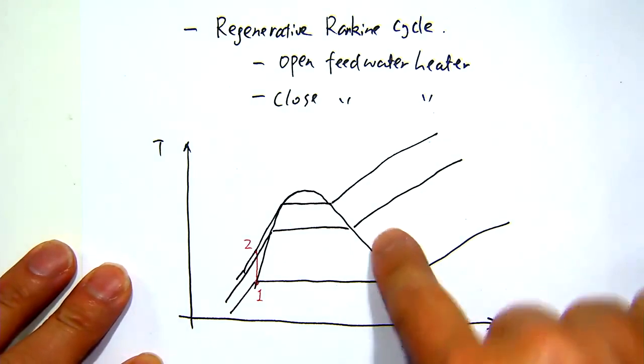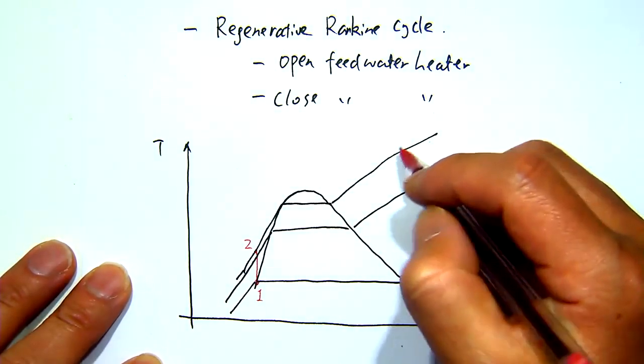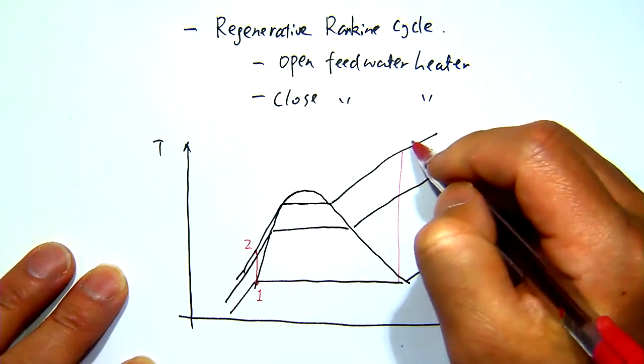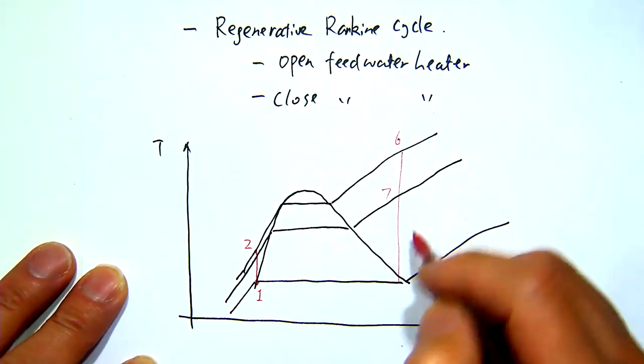So I have the steam coming from the other stream. Let me draw that line. It's starting from state 6, 7, and 8.